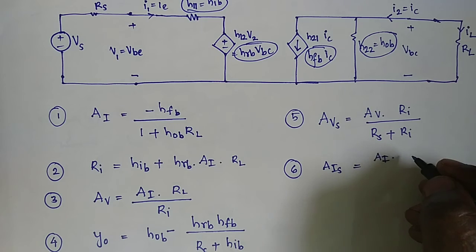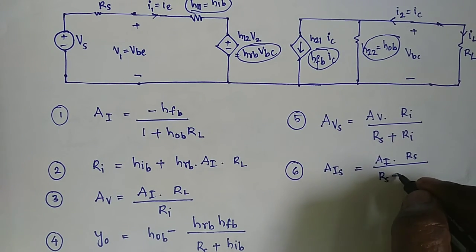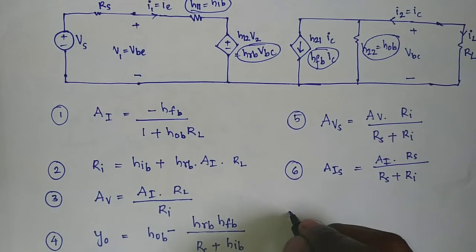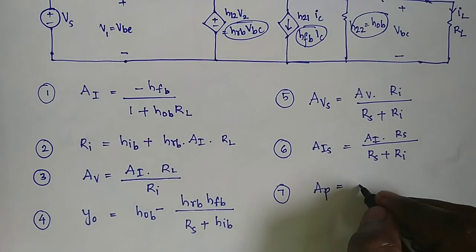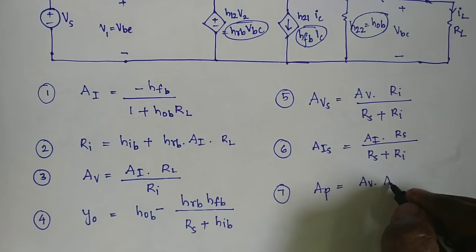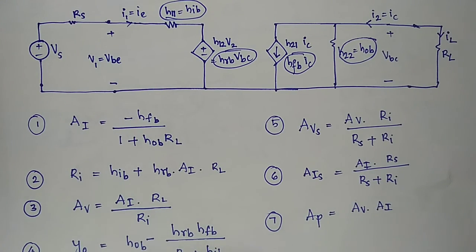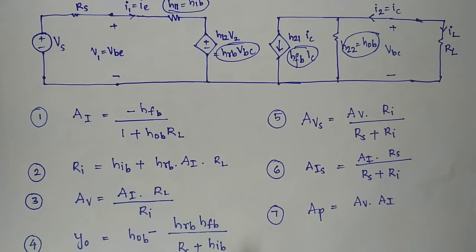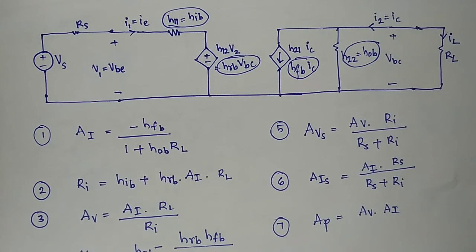The seventh one is power gain AP, equal to AV into AI. So this is a simple shortcut to design a small signal hybrid model and derive the expressions based on these values. Okay. Thank you.